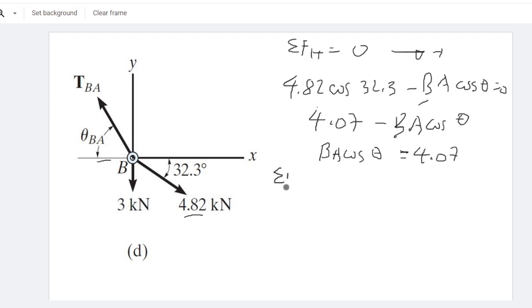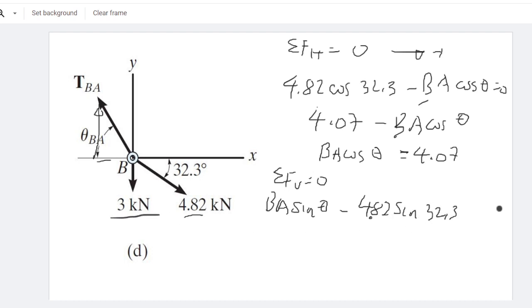Now the summation of forces vertical equals 0. This part is positive, BA sine theta, the opposite function, minus 4.82 sine of 32.3, and then minus 3 going down, equals 0.